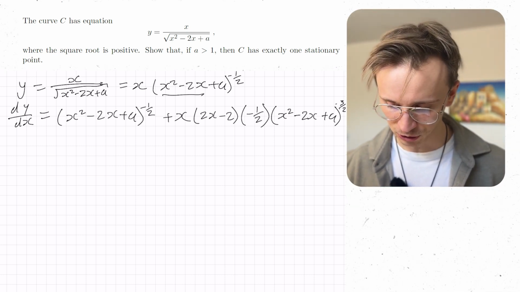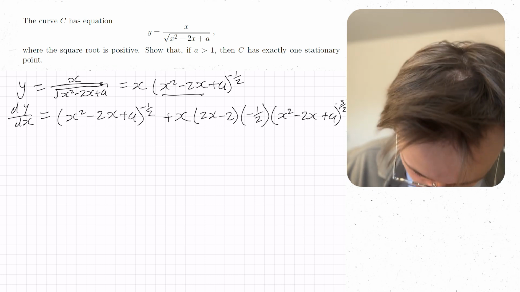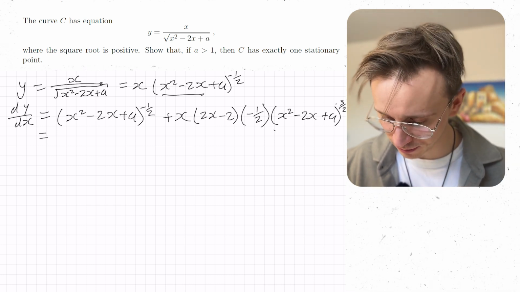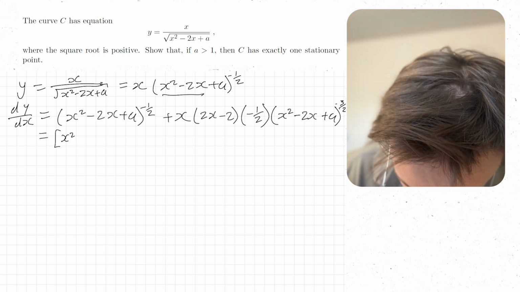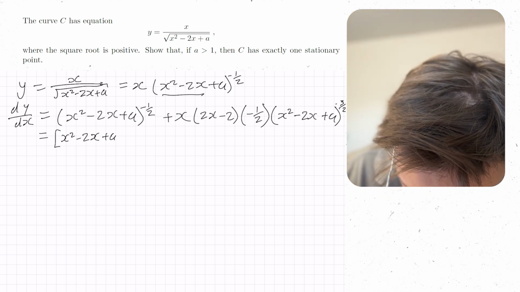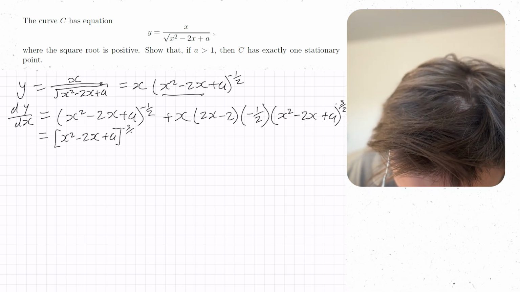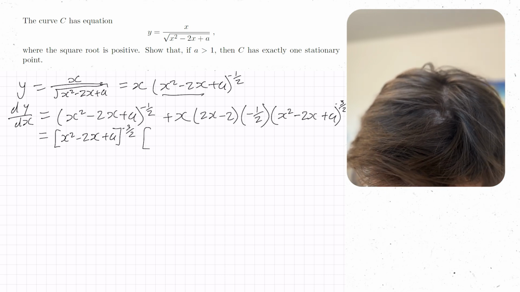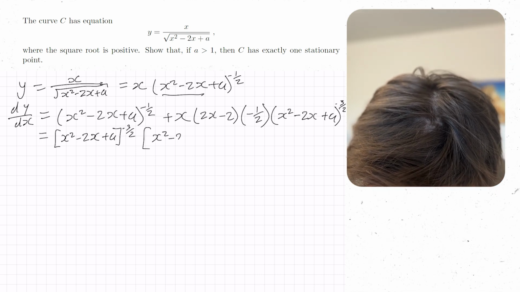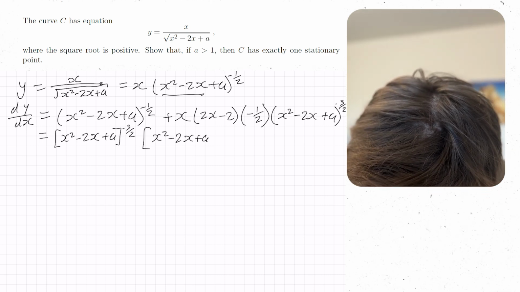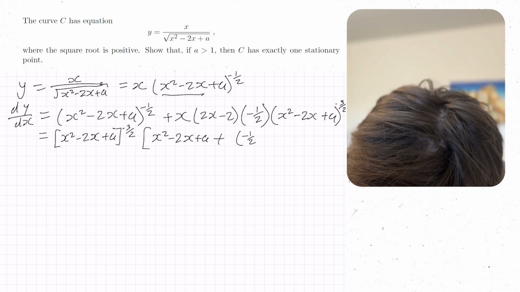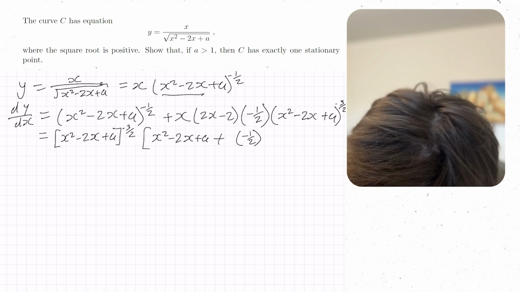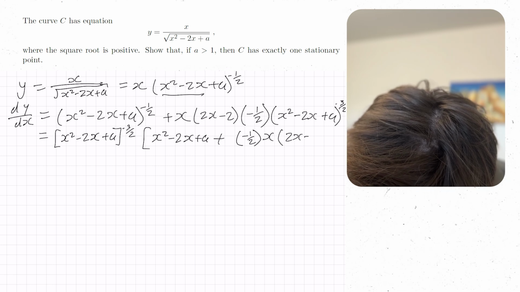Okay, so just to make it a bit more simple for myself, I'm going to take out this final factor as a common factor. So I'm going to have x squared minus 2x plus a all to the power of minus 3 over 2, multiplied by x squared minus 2x plus a from the first term, and then minus a half times 2x minus 2.